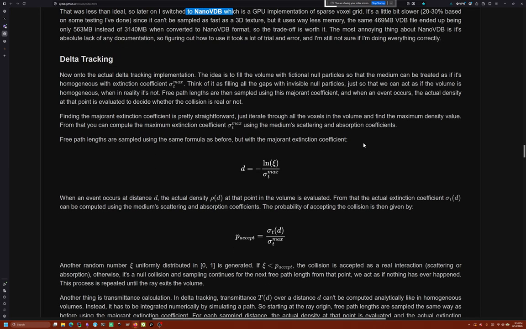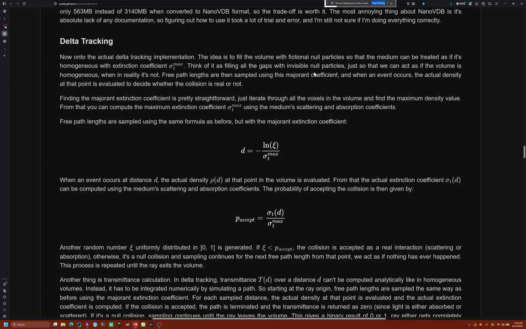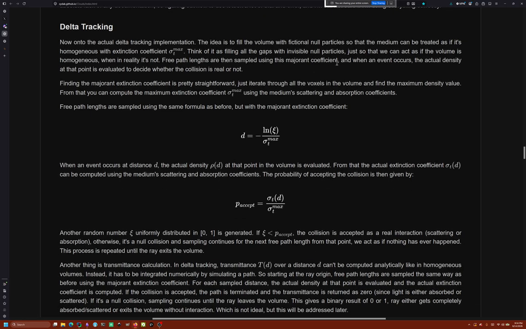Okay. So the actual delta tracking implementation idea is to fill the volume with fictional null particles, so the medium can be treated as if it's homogeneous with the extinction coefficient sigma t max.